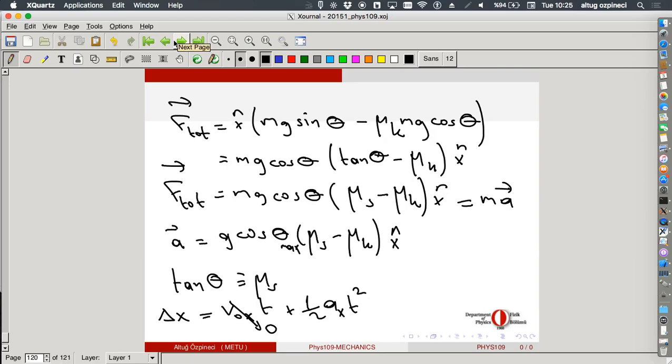If there is no friction force in the system, then this acceleration is valid only if theta is equal to 0, because we define the angle theta in relation with the static friction coefficient. So if there is no friction, then mu s is 0, then theta is 0. I didn't say if theta is equal to 0, there is no static friction.